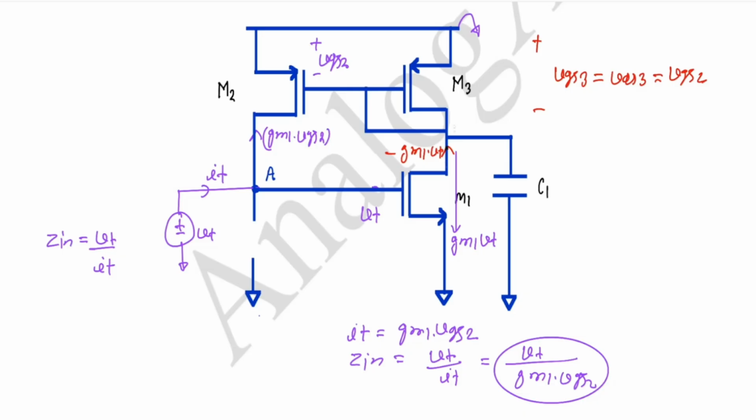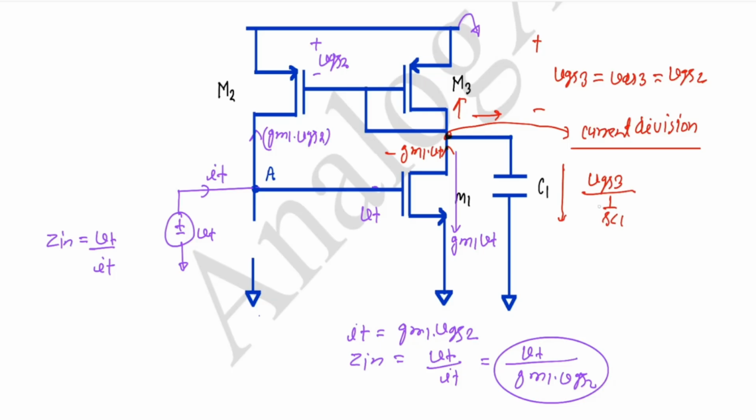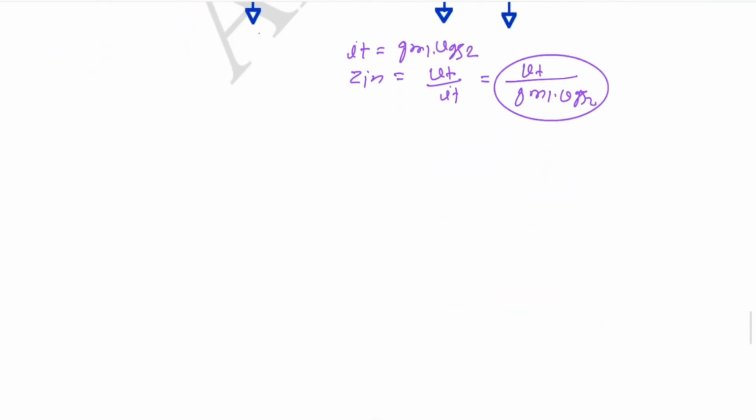So we apply a current division here. What will be the current flowing upward, and what will be this one? This current will be this voltage divided by 1 by sC1, so Vgs3 divided by 1 by sC1. And what will be the upward current?